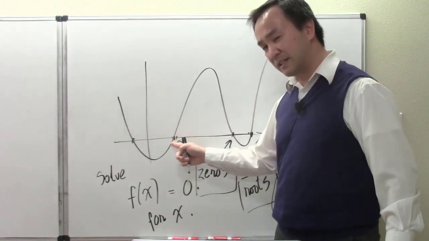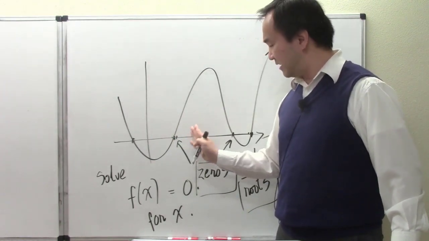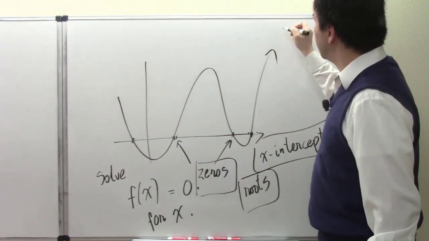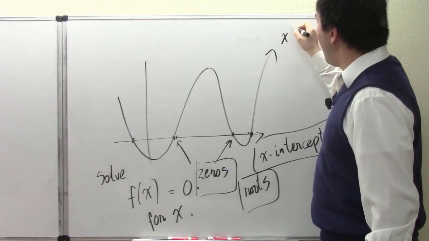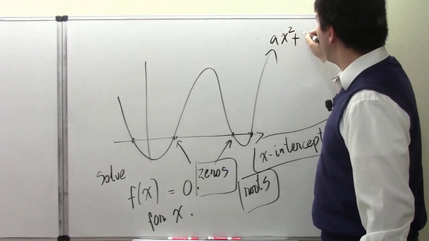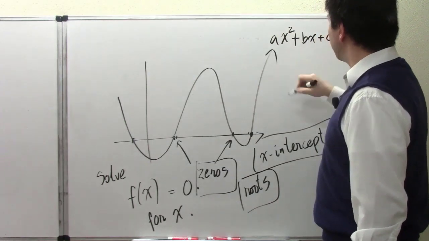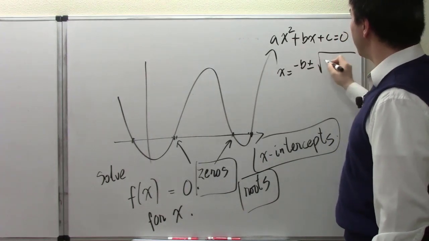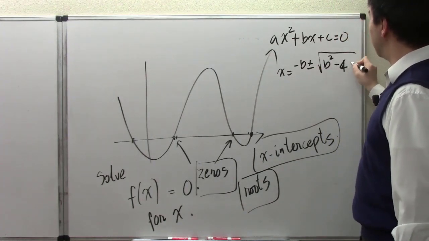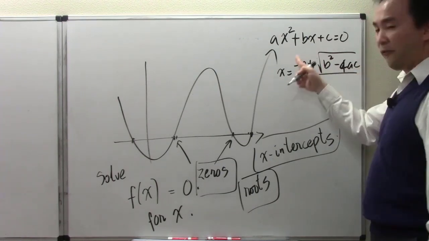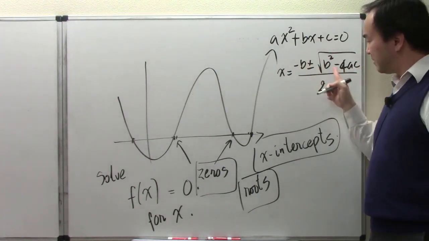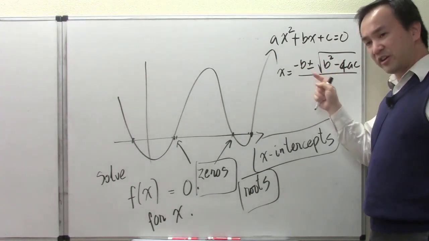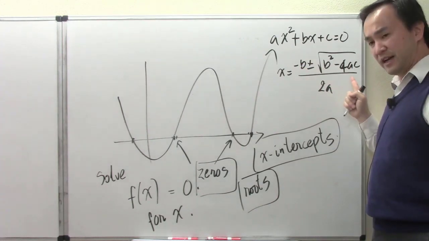We can only approximate. And it makes sense, because even when we have a quadratic ax squared plus bx plus c and use the quadratic formula, x equals minus b plus or minus the square root of b squared minus 4ac, over 2a, a formula like this a lot of times gives us an inexact expression, and we have to leave it as an expression.